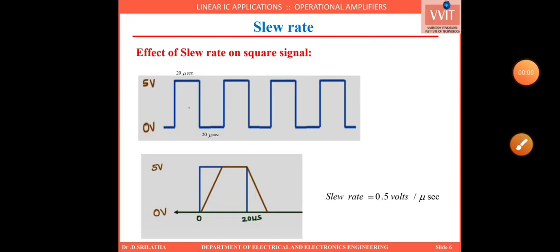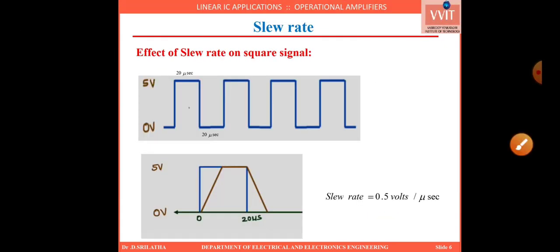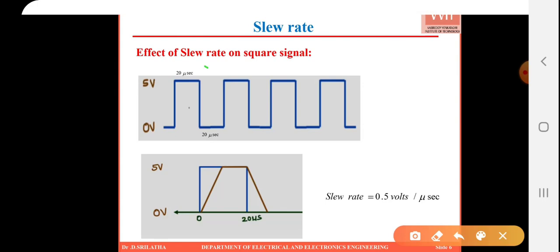Okay. Now here let us see the effect of slew rate on the square signal. If we give a square signal as input with a pulse width of 20 microseconds, then we should get the actual output as square wave, but because of the slew rate, the output of the operational amplifier will not change suddenly as the input.